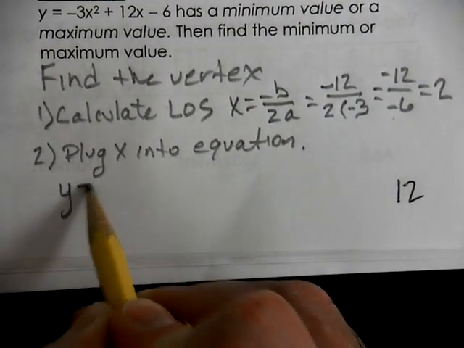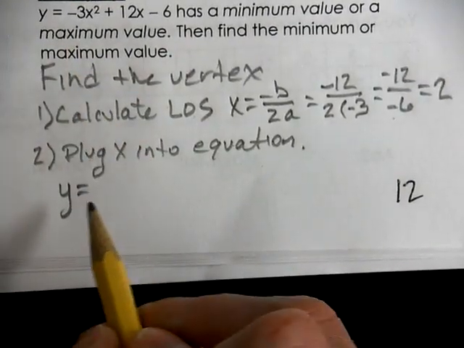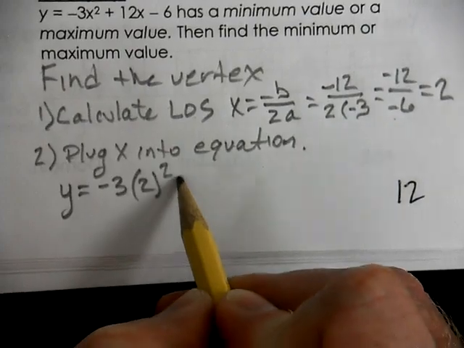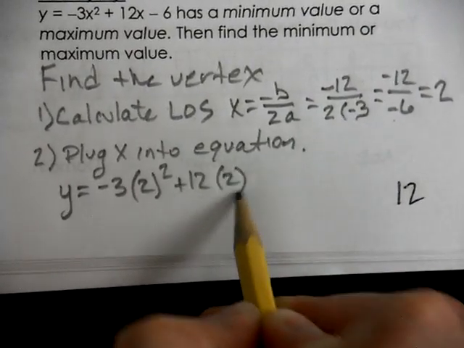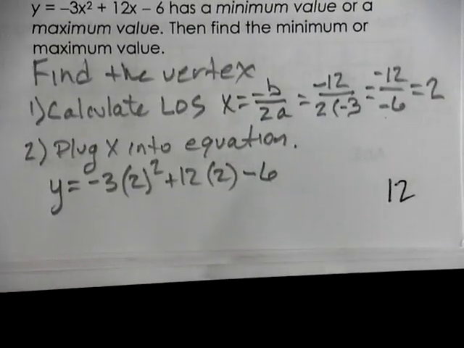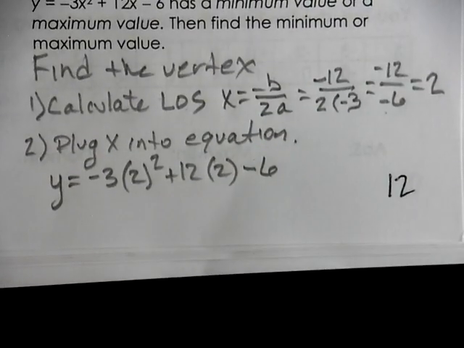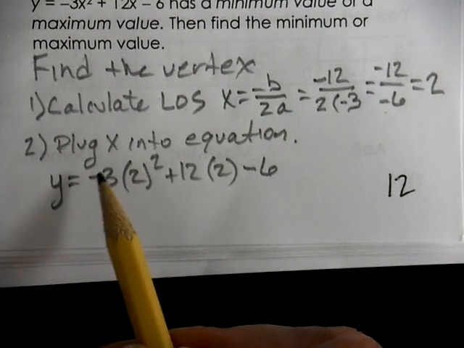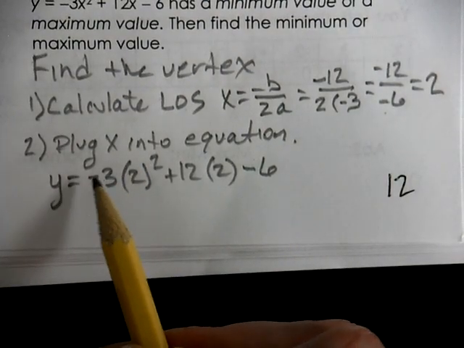So we're going to say negative 3 times 2 squared plus 12 times 2 minus 6. Now, how do you do that? Many mistakes happen here when people multiply the 3 and the 2 first.